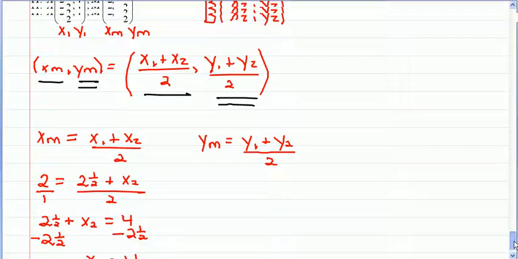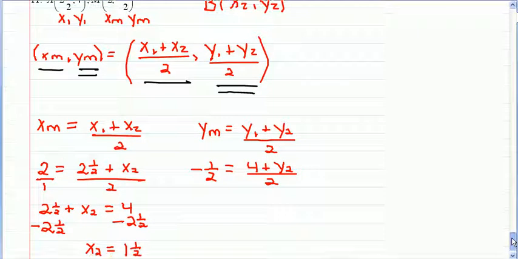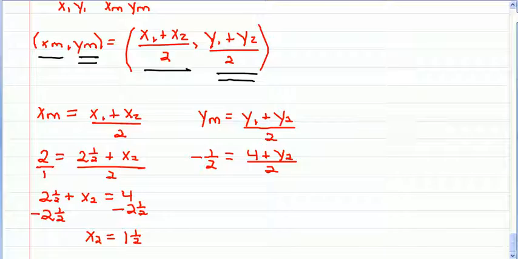And if I move back up, y sub m is negative 1/2. Y sub 1 is 4. We're finding y sub 2, and we divide by 2. And now we're ready to cross multiply. 2 times 4 plus y sub 2, and then 2 times negative 1 is negative 2. I distribute the 2.